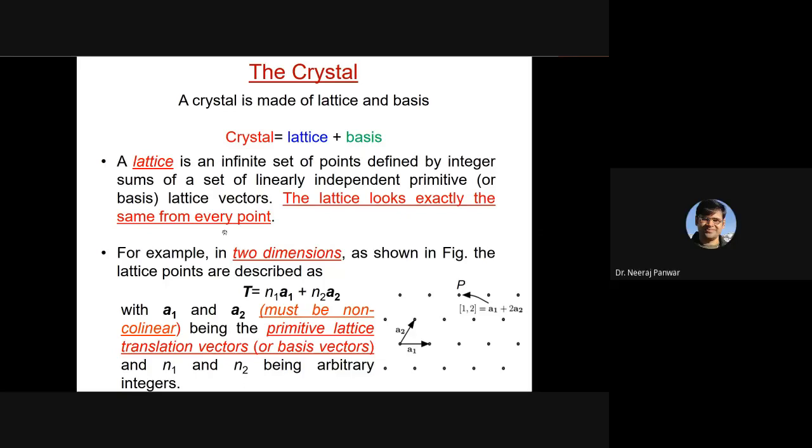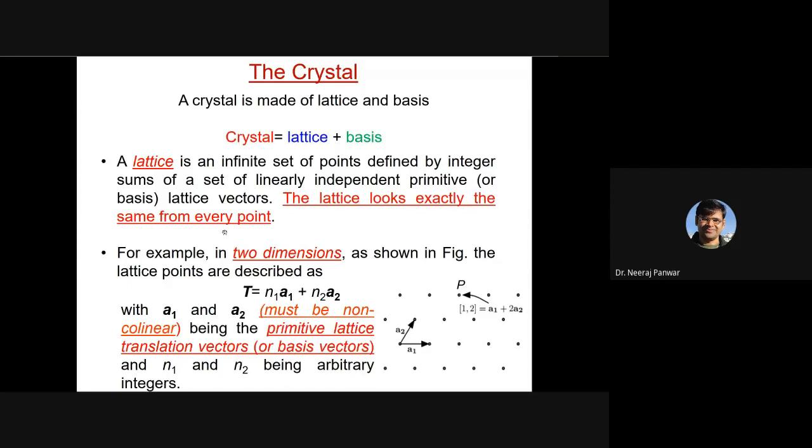Okay, sir. Okay. So now we have developed an understanding of how a crystal looks, what is the meaning of a single crystal, what is the meaning of a polycrystal, and what is meant when we say amorphous solid.